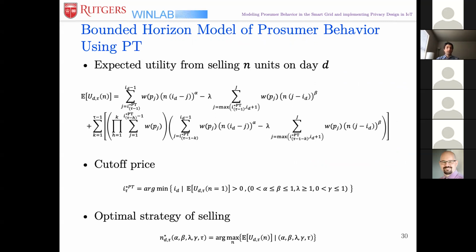In this model, the lowest price for which a sale of 1 unit on day D yields a positive expected value is the cutoff price. And to find the optimal strategy of selling, we need to maximize the expected utility of the prosumer.